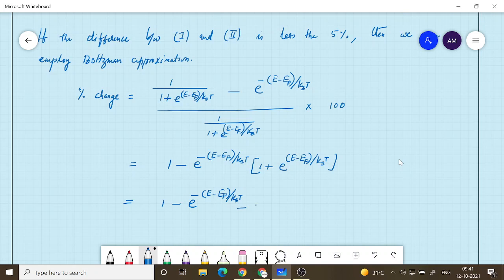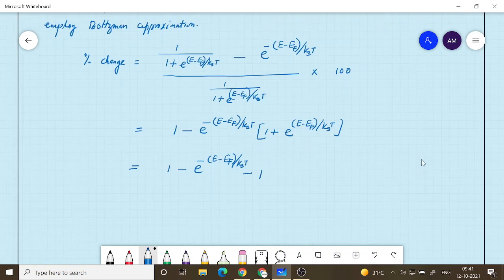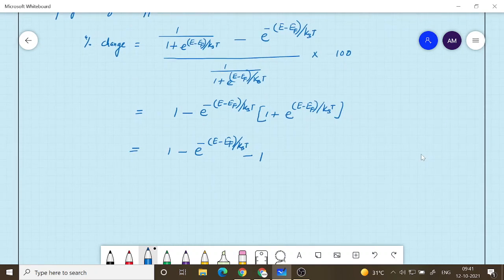So the 1 and minus 1 will cancel, and what we have is basically minus e raised to minus 2(E minus Ef) by kBT.